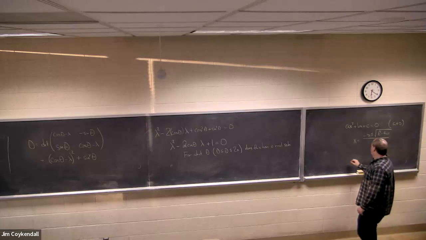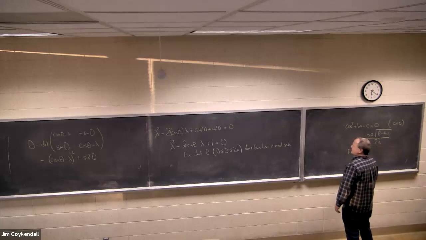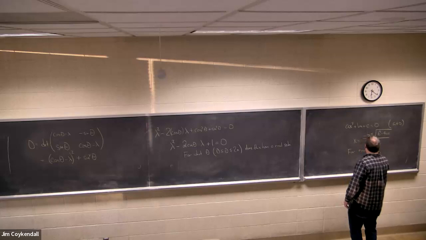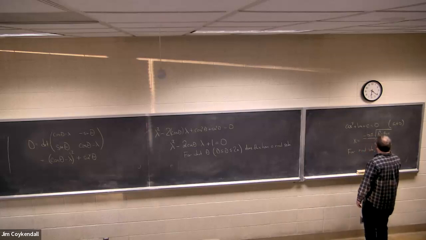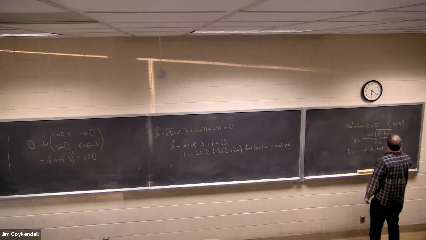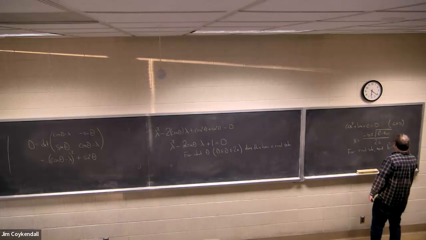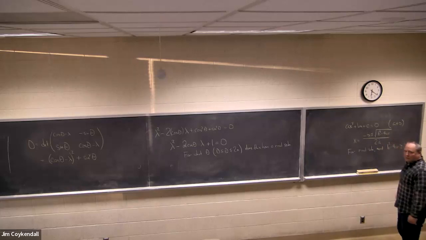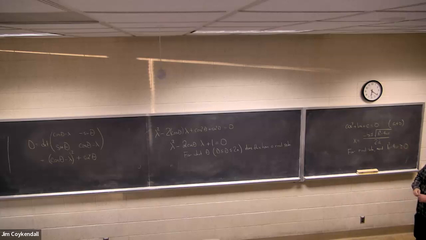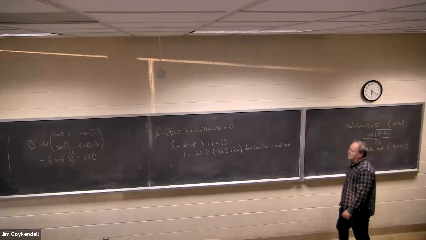So for a real solution, we need b squared minus 4ac to be greater than or equal to 0. Everybody agree with that? Let's apply this to our problem.